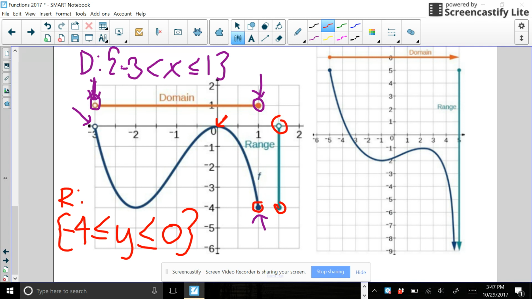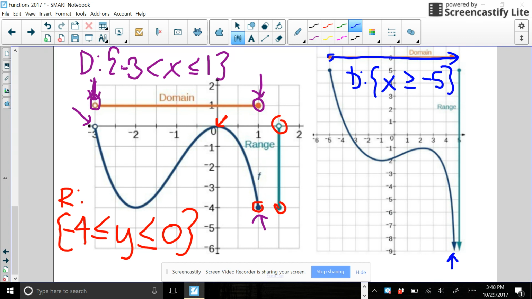Okay, let's take a look at the last picture. If we look at our domain right here, we have a closed circle, and it goes forever this way, because this graph appears as though it goes down forever and to the right forever. That would make our domain all our x's that are greater than or equal to -5.